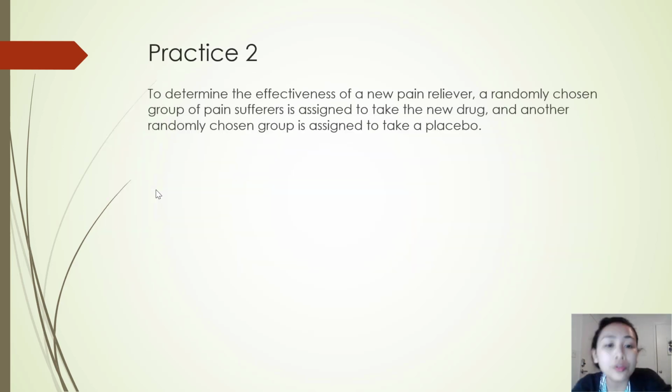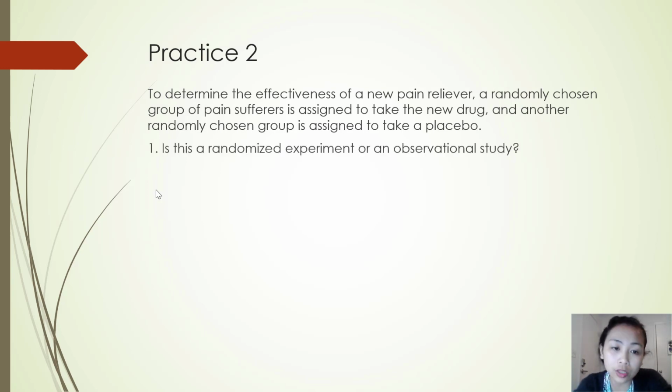Now we go to practice number 2. To determine the effectiveness of a new pain reliever, a randomly chosen group of pain sufferers is assigned to take the new drug, and another randomly chosen group is assigned to take a placebo. First question, is this a randomized experiment or an observational study?